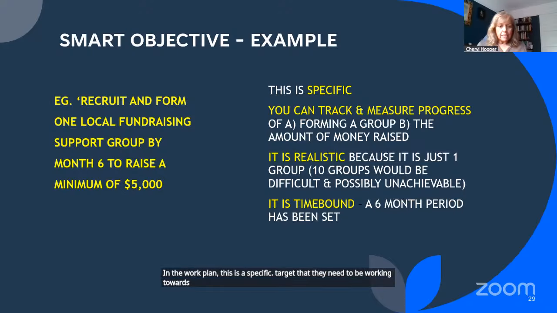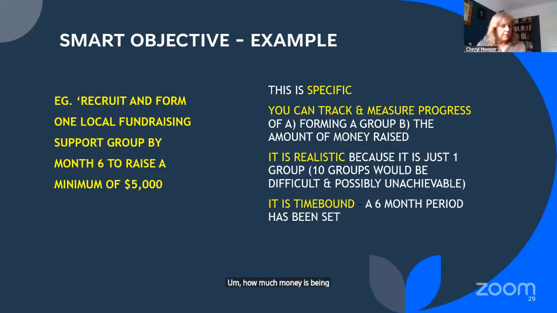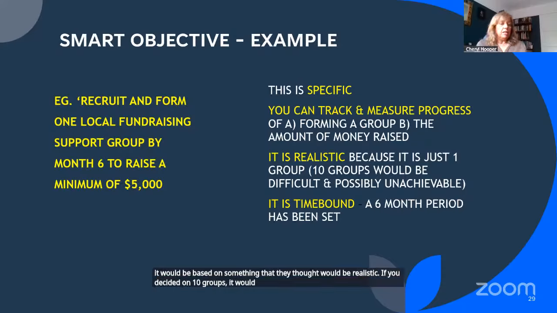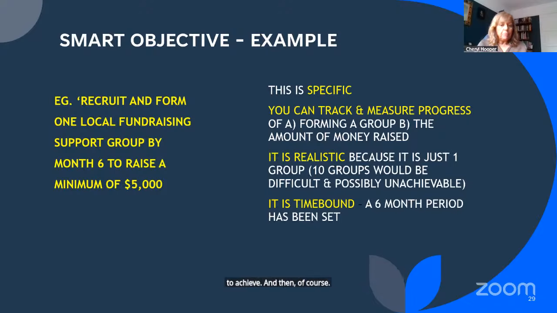It's something that as a manager you can track and measure progress, because you can see, have they formed a group? How much money is being raised by that group? And it's realistic, because if you agree that with your fundraiser, it would be based on something that they thought would be realistic. If you decided on 10 groups, it would be unrealistic and difficult to achieve. And then, of course, it's time bound, because you've put a 6-month period there which you can review.